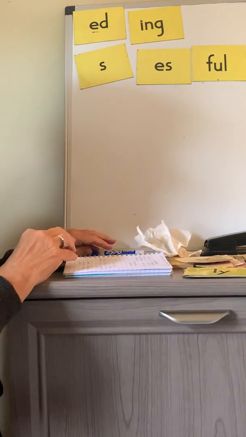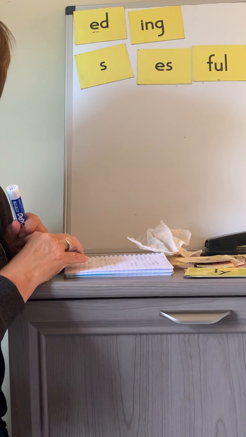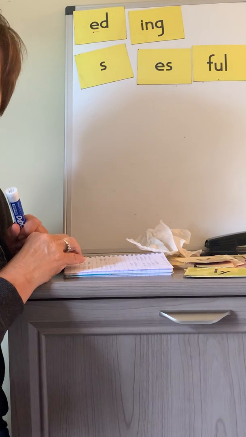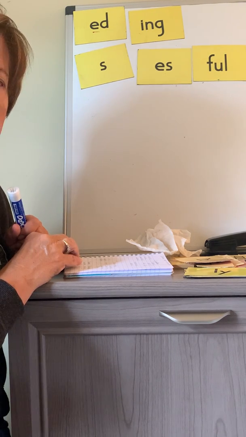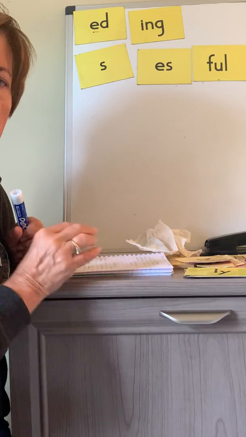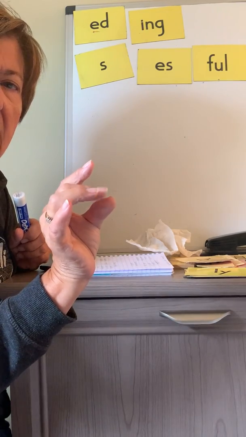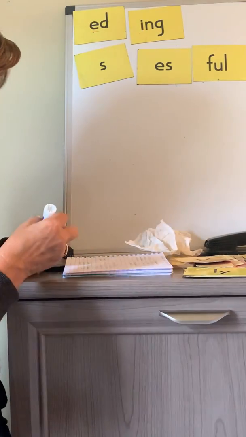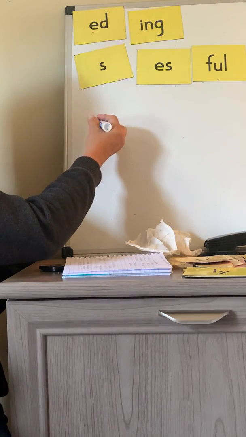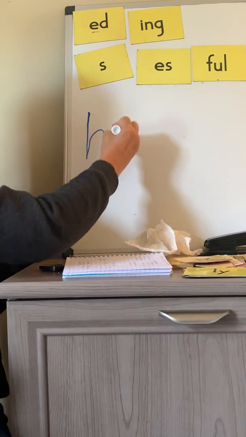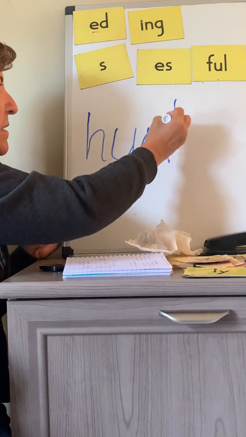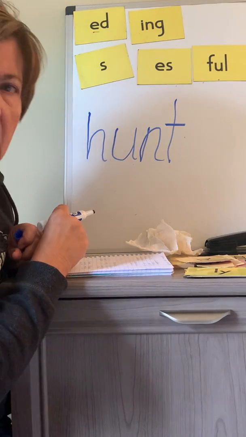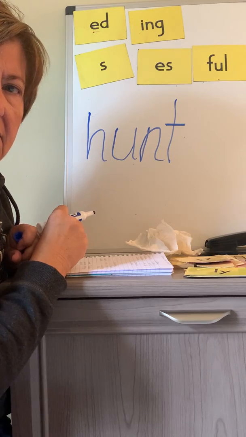Let's build the word hunted. Hunted. Does hunted have a suffix? Yes. What is the base word? Hunt. Let's tap the base word. N, t. How do I make hunted?